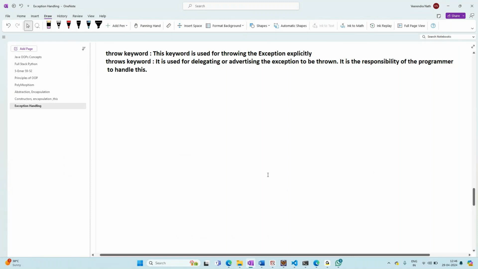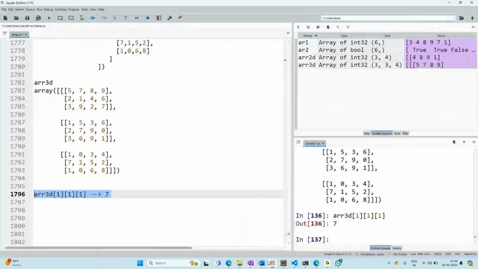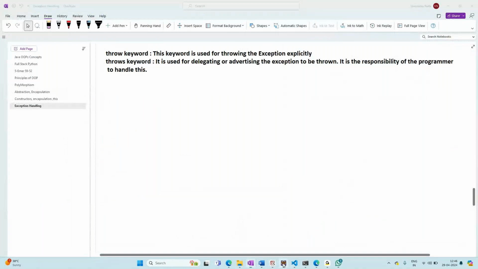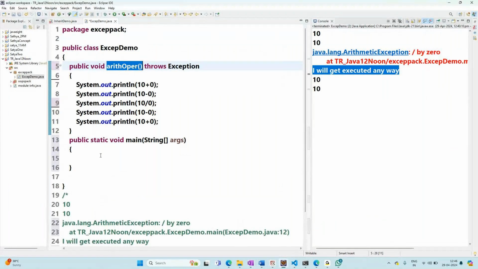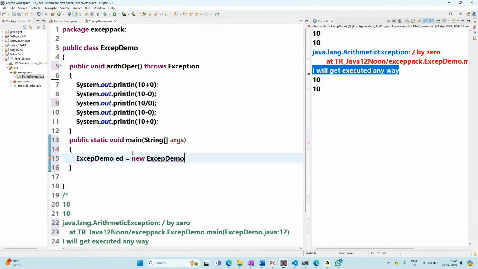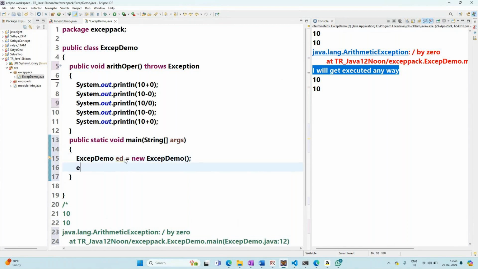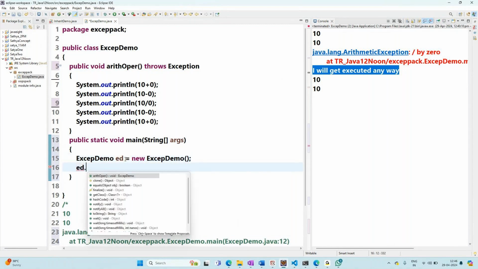So how to do this, let's understand. Now, throws exception. Now you are going to use this method. How? ExceptionDemo ed is equal to new ExceptionDemo, and you say ed dot arith operator.